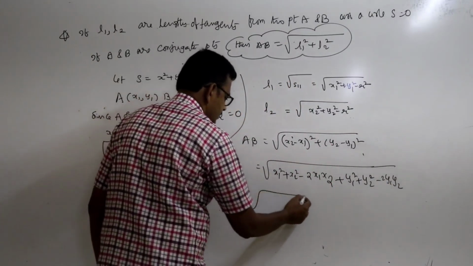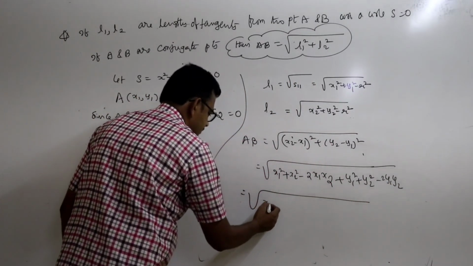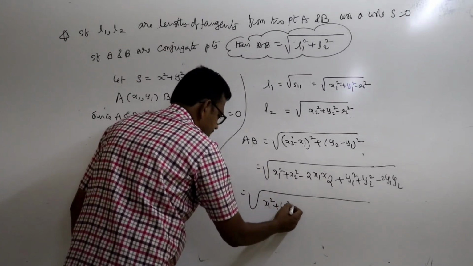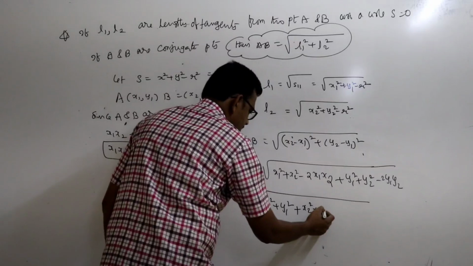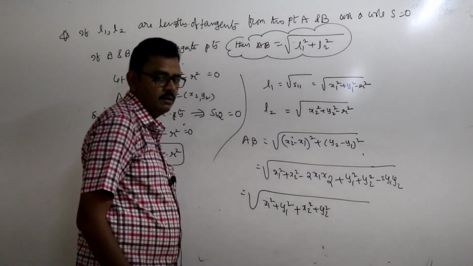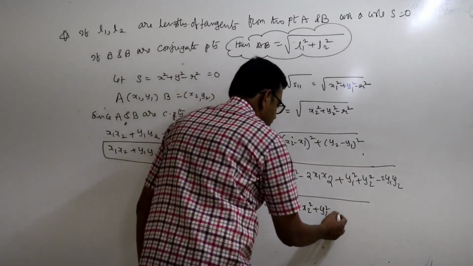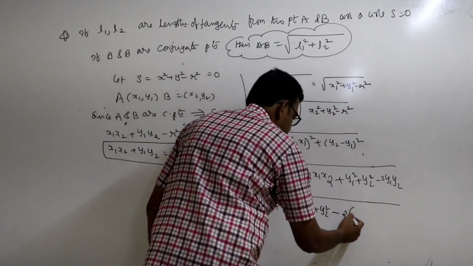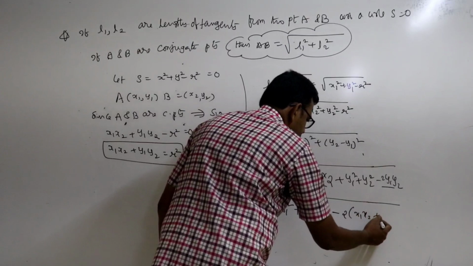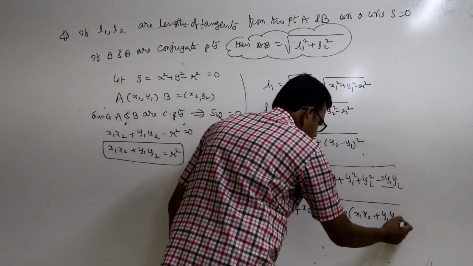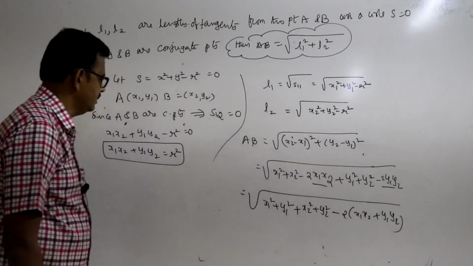That is equal to square root of x1 square plus y1 square plus x2 square plus y2 square minus 2 of x1 x2 plus y1 y2.